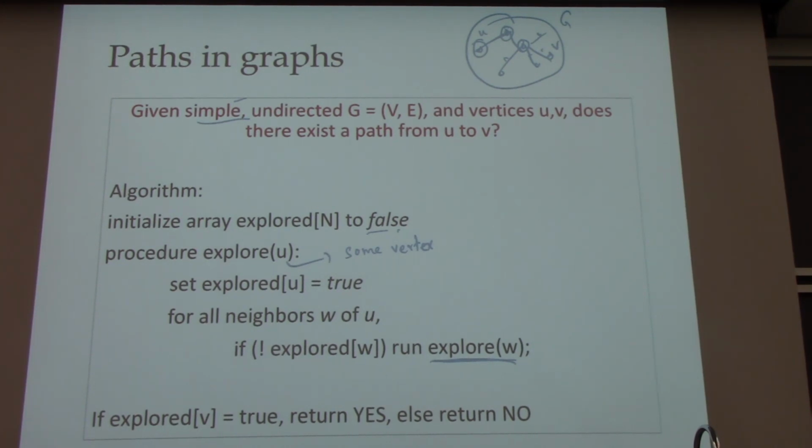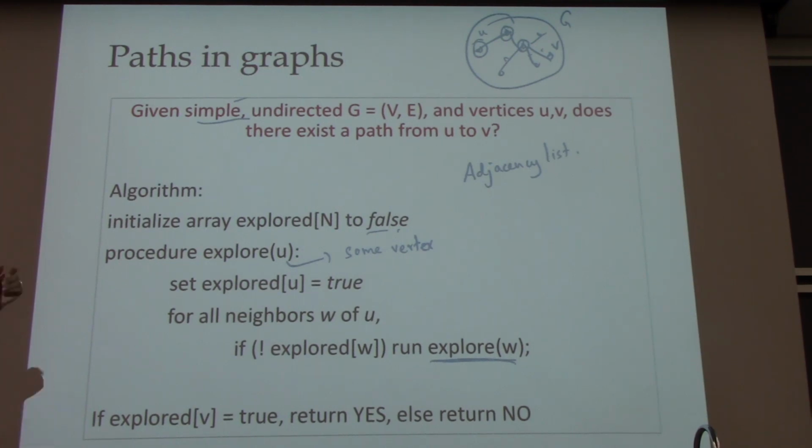So how should the graph be stored to do this well? Yeah, a list works perfectly for this. It's an adjacency list. Assume that the graph is stored as an adjacency list. So for every neighbor, you go through, you run it recursively.